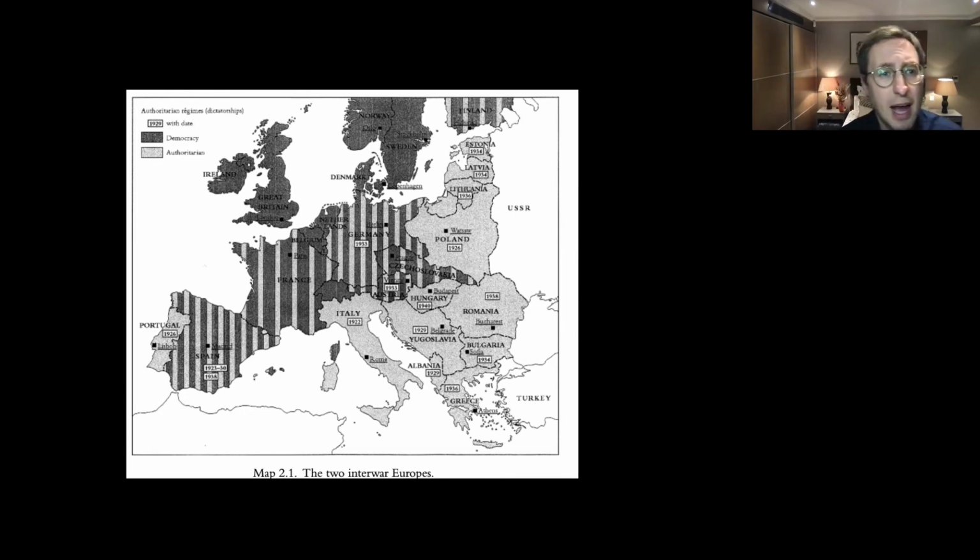You see how the tide of authoritarianism grips the continent, and the light color marks those states that have dictatorial or even fascist governments.